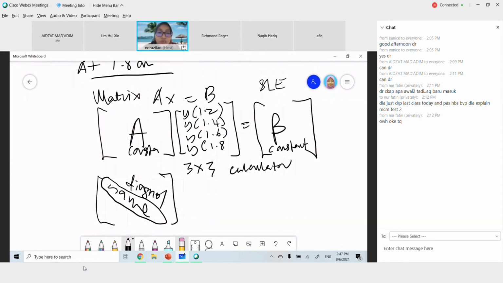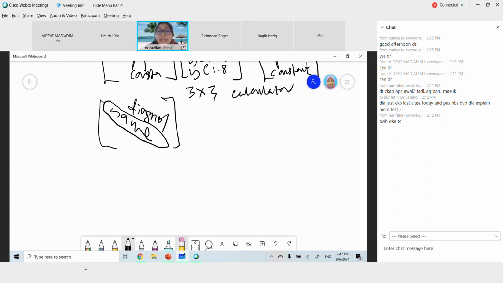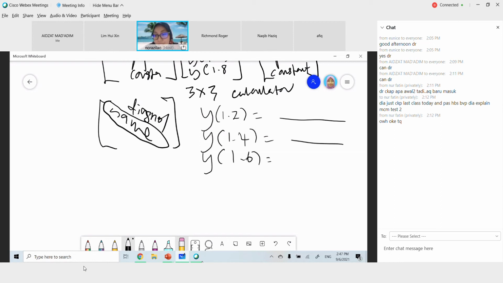So after you solve this one, you can dapat y1.2 is equal berapa? y1.4 is equal berapa? y1.6 equal berapa? Okay, y1.8 equal berapa?